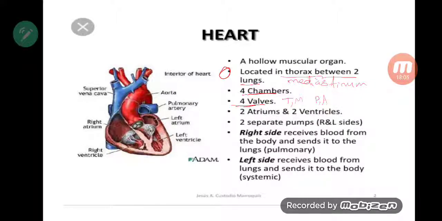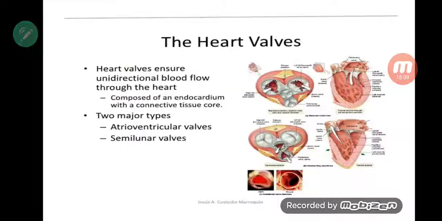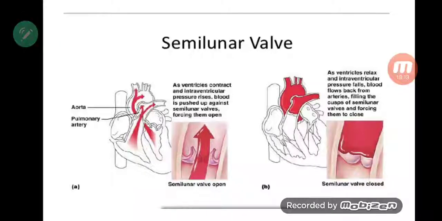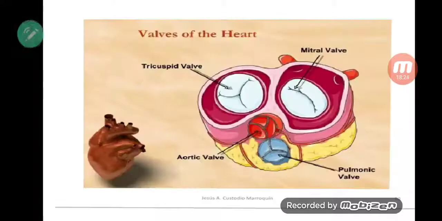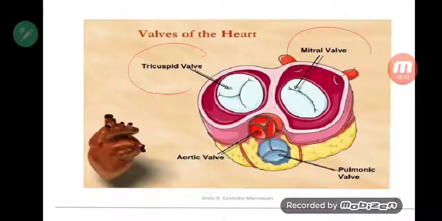And the right side and left side of the heart and the direction of the blood. We identify the heart valves, the shape of the semilunar valve, and the atrioventricular valve between the atrium and the ventricle.